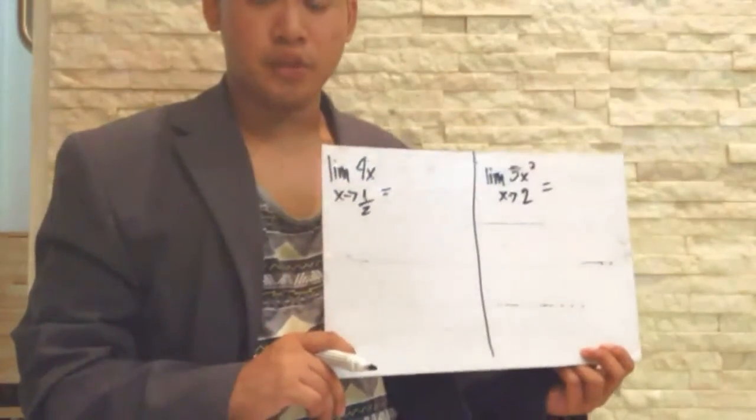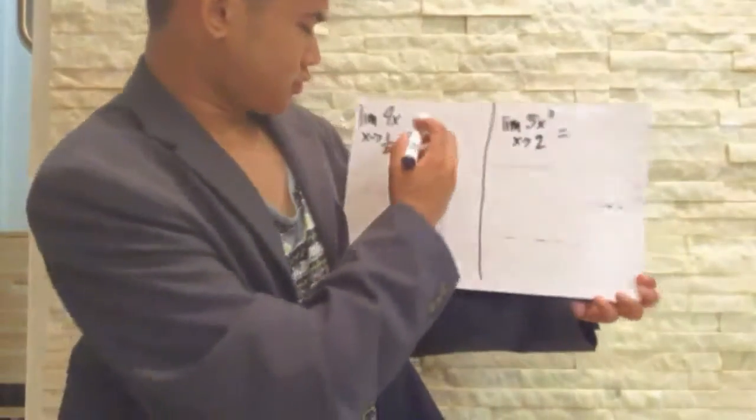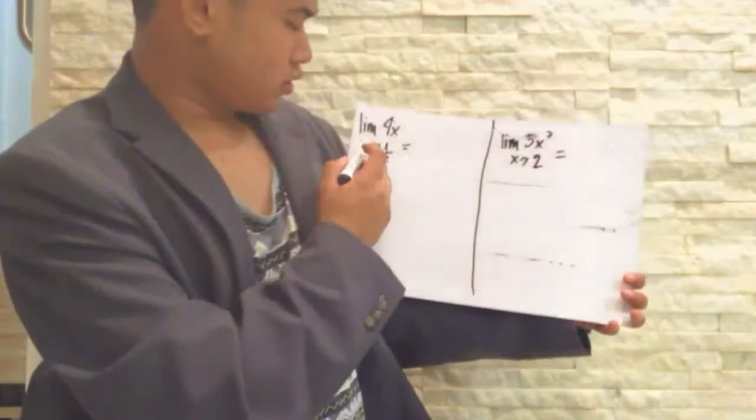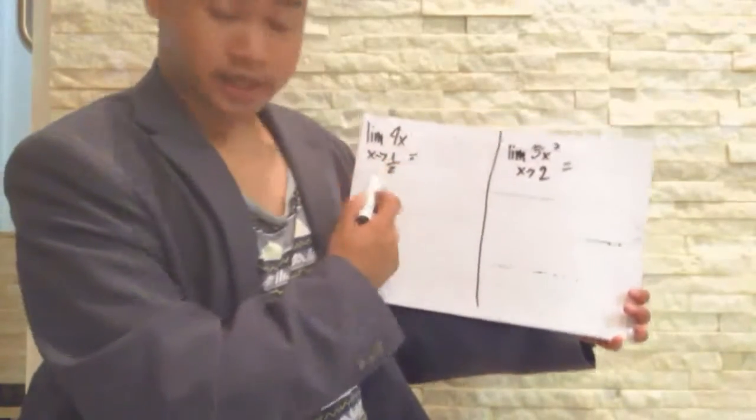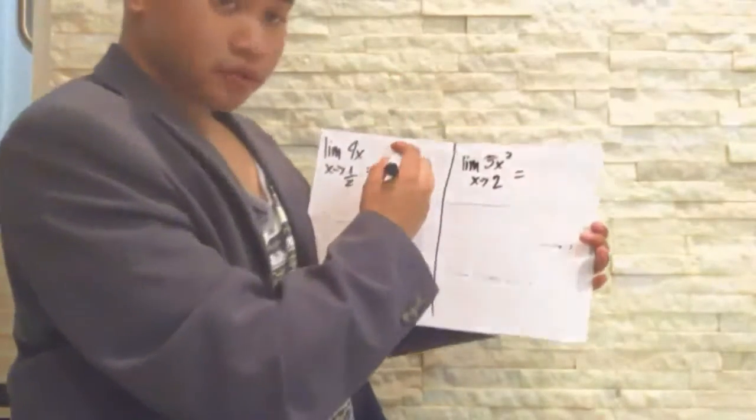Another set of examples with the limit of constant and function of x. First one, we have the limit of 4x as x approaches 1/2. First, we will separate the two terms. Limit of x as x approaches 1/2.